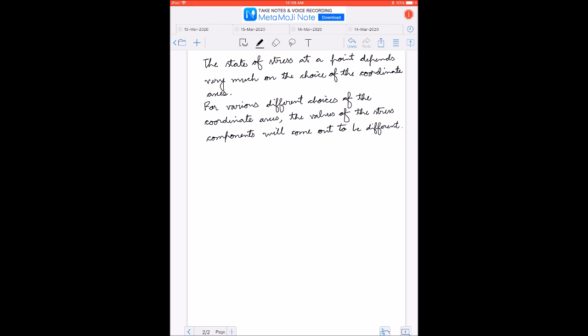What we mean to say, in other words, is that suppose we have one set of coordinate axes as x, y, and z, and suppose the stress components referred to this are sigma xx, sigma yy, sigma zz, tau xy, tau yz, tau zx.